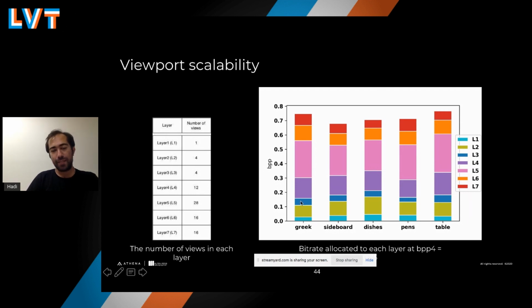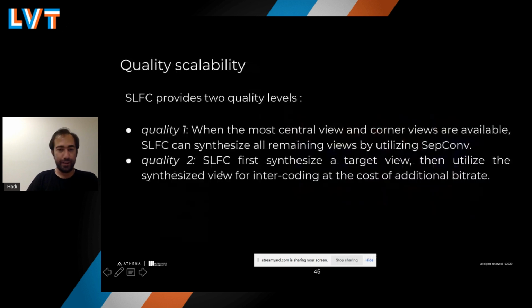You can see, for example, if we want to have access in the Greek light field image to views inside, for example, layer 4, then we will need 0.3 bit per pixel instead of forwarding or decoding all the views on all the layers. So in this way, we provide viewport scalability, so that based on our need, we will transmit the layers that are needed.